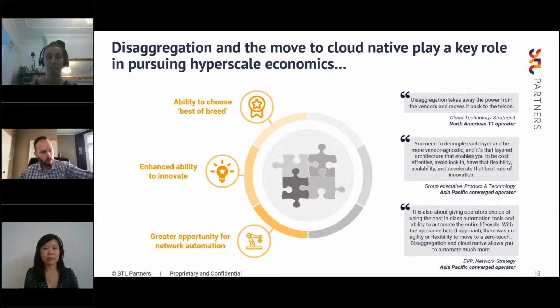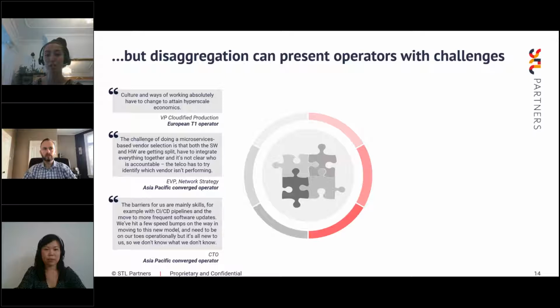And so with network disaggregation, you're really able to improve and simplify the automation and management across the entire end-to-end delivery lifecycle, because it's introducing more programmable and open underlying infrastructure and software components with open APIs and greater abstraction within the network. So there's a lot of good things to come from disaggregation, and it can play a really key role in pursuing this goal of hyperscale economics, but it does also present challenges.